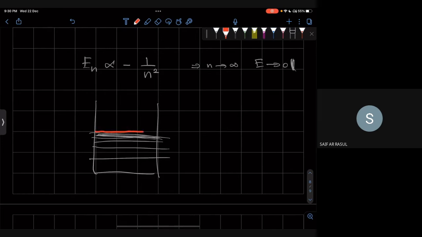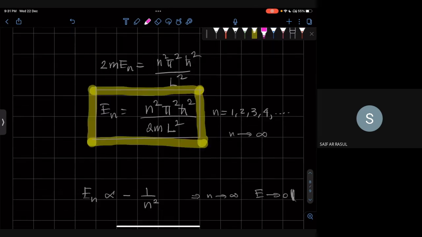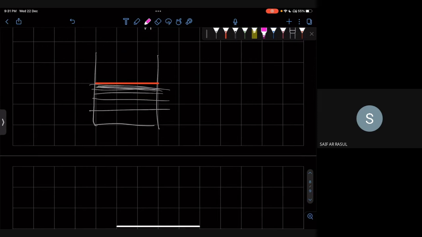There are an infinite number of energy levels, but there's a limit to it. Beyond that limit, we have a free particle moving with positive kinetic energy in a potential generated by a Coulombic force.